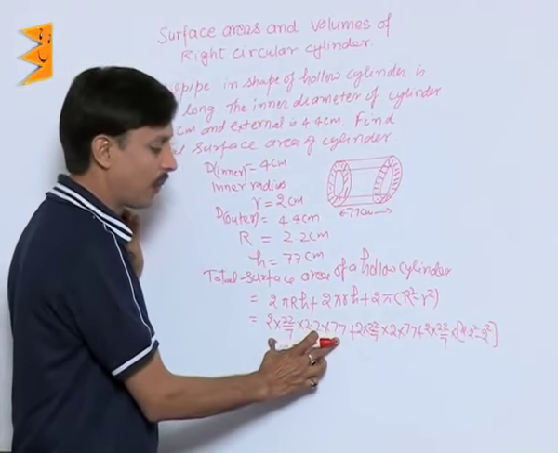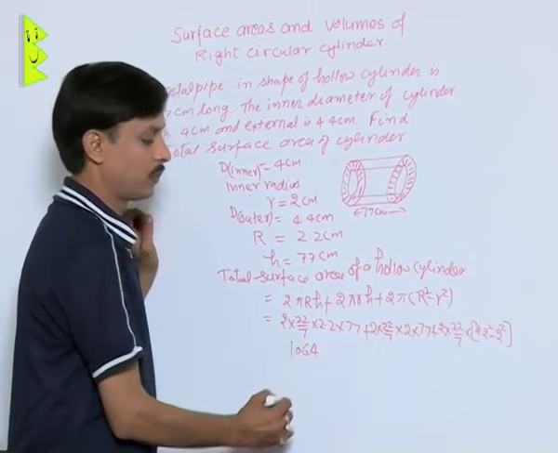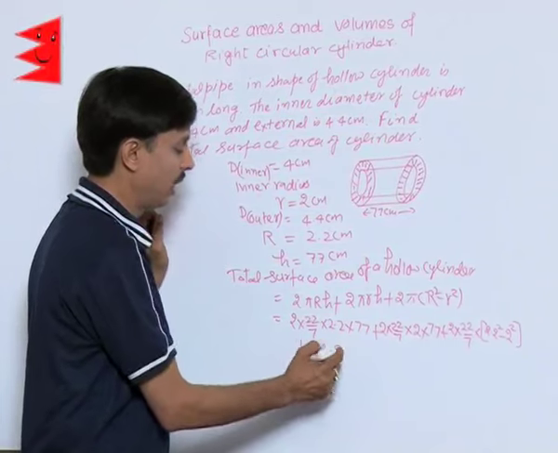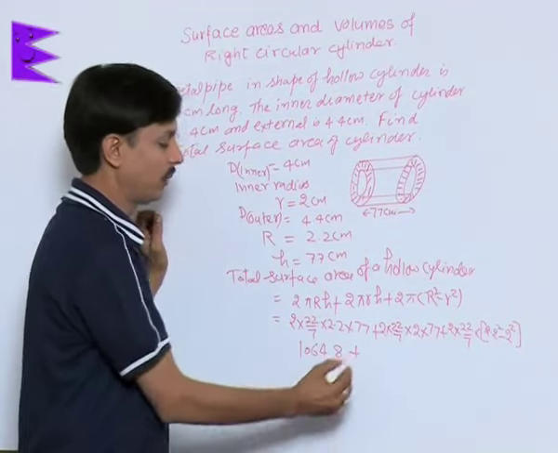When we simplify this value, I will get 1064.8 centimeter square. This is the area of the outer.